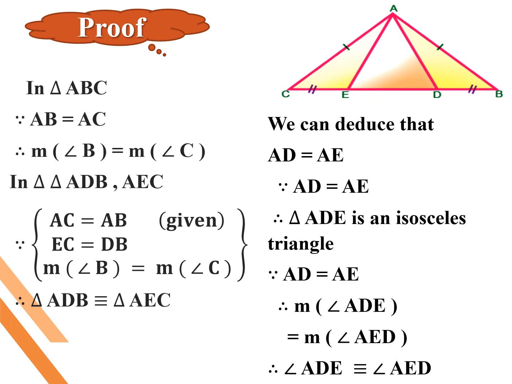And we can deduce that AD equals AE. Since AD equals AE, then the triangle ADE is an isosceles triangle, and this is our first required.